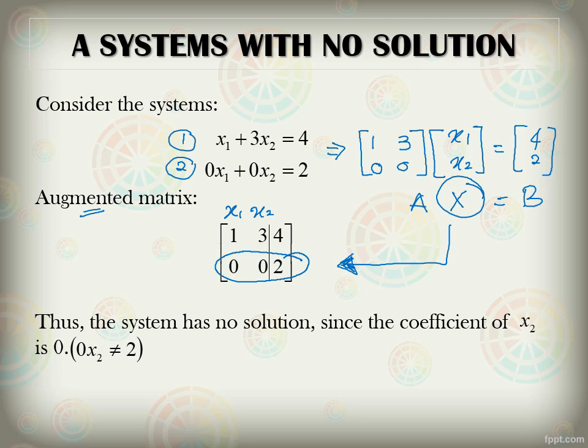So you can see clearly that x1 plus 3x2 equal 4, and 0 of x1 plus 0 of x2 equal 2.